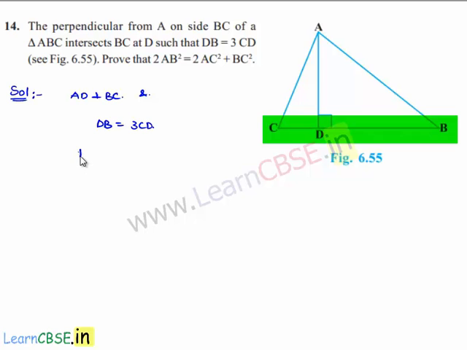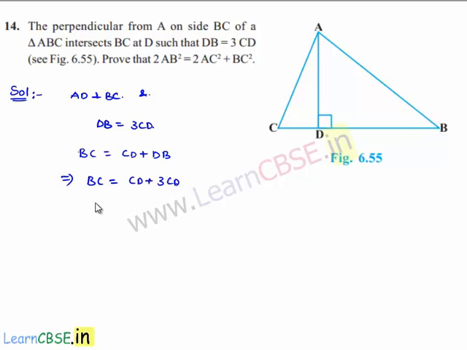We can say BC is equal to CD plus DB, which can be written as 3CD plus CD, which implies BC is equal to 4 times CD, that is nothing but CD is equal to 1/4 times BC.